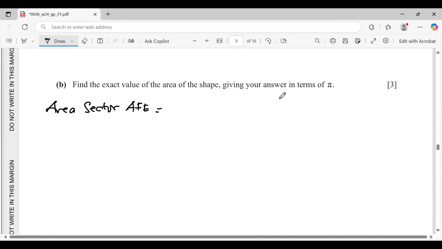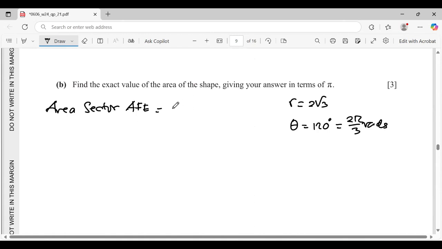Its radius is 2 square root 3 and theta is 120 degrees, or in radians 2 pi over 3 radians.